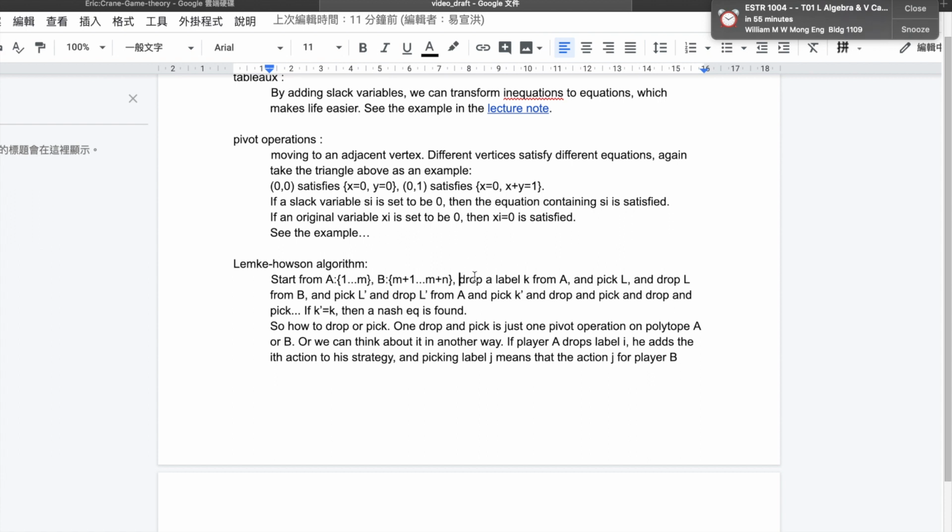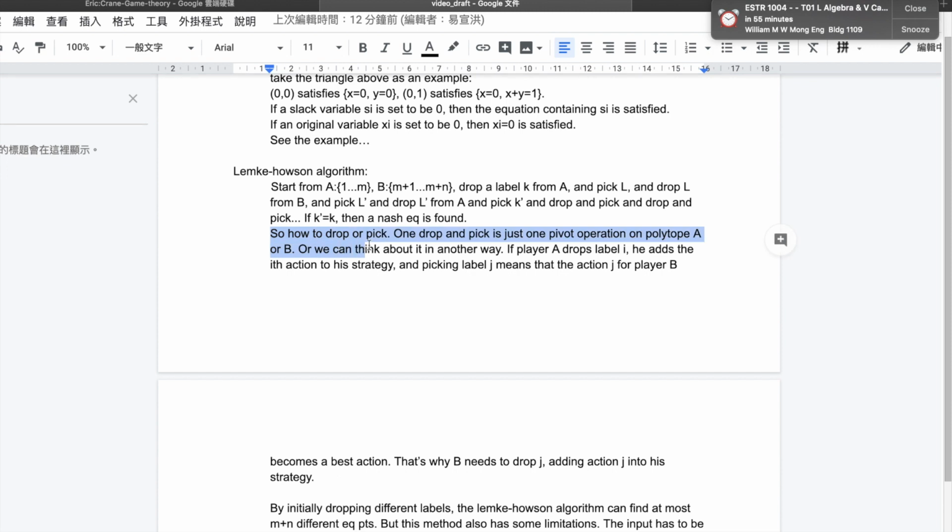First, drop a label k from A and pick l, and drop l from B and pick l prime, and drop l prime from A and pick k prime, and drop and pick and drop and pick. If k prime equals to k, then a Nash equilibrium is found. About the mechanism, we are not going to talk about the mechanism here, as it is not so easy to show. So how to drop or pick?